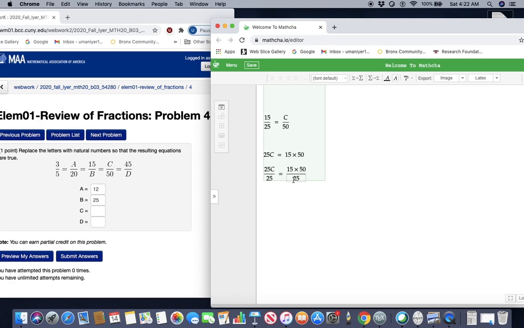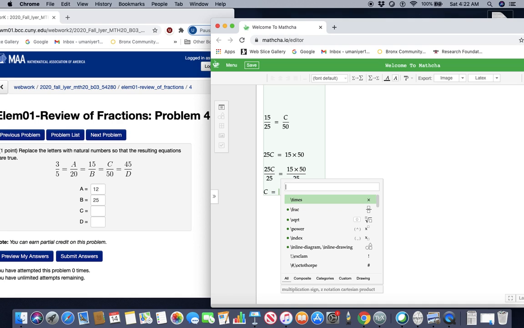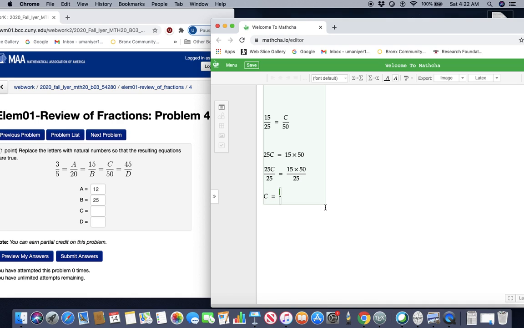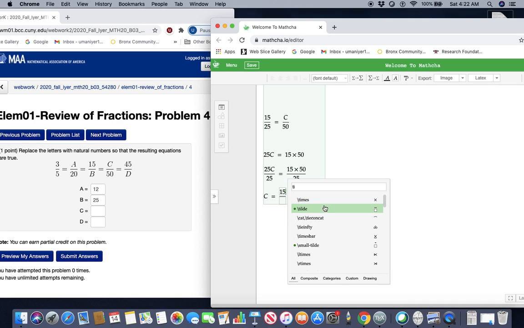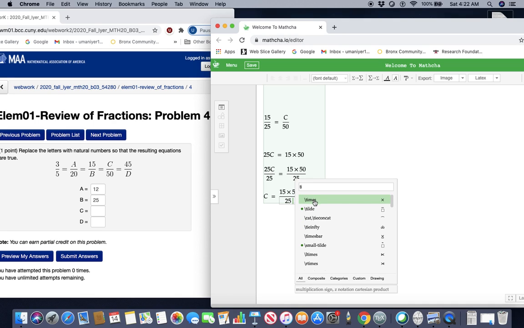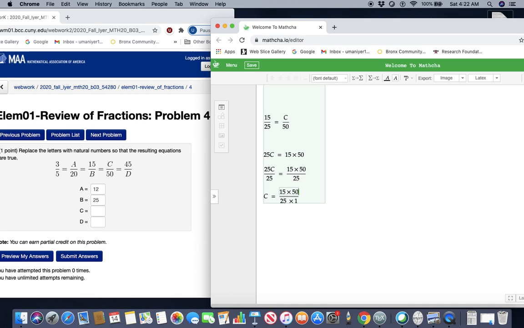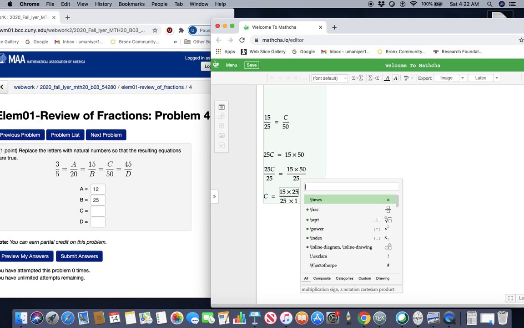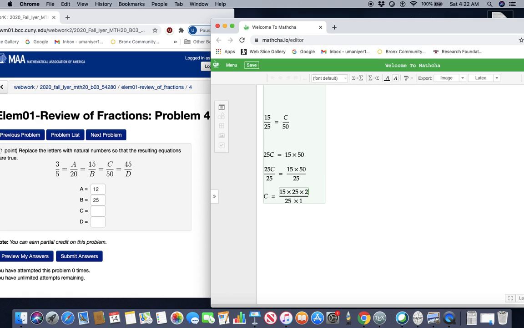Notice all of 25 goes in 50. 25 cancels 25 on the left, leaving C. I will rewrite the bottom 25 as 25 times 1 and the top 50 as 25 times 2.